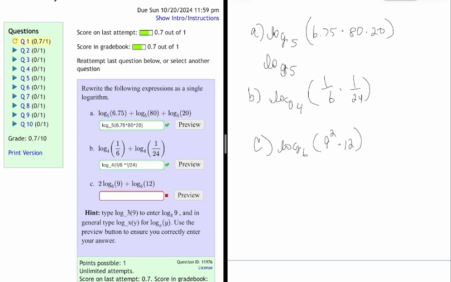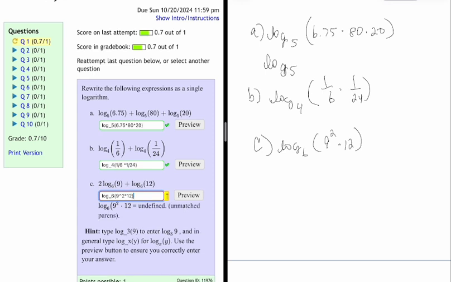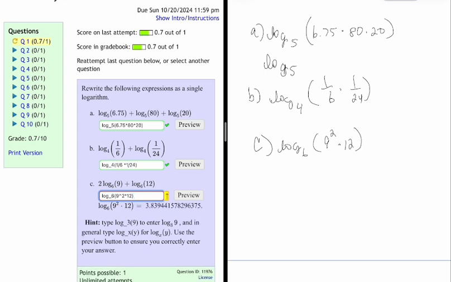So I think that's what we have to put, the log base 6 of 9 squared times 12. Because the 2 has to become a square before we condense it together. Okay.